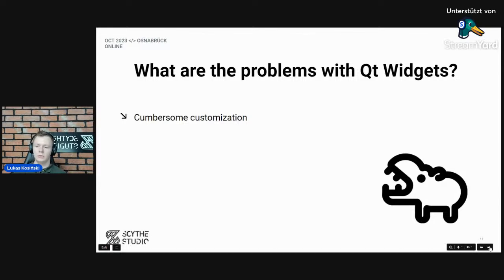But if your designer provided you with something that looks different than what you can achieve using the existing Qt Widgets API, then you have a problem. Then you probably have to subclass an existing Qt widget or write your own, and it takes time. And if you are not experienced with that, it's also not so easy and not so natural.